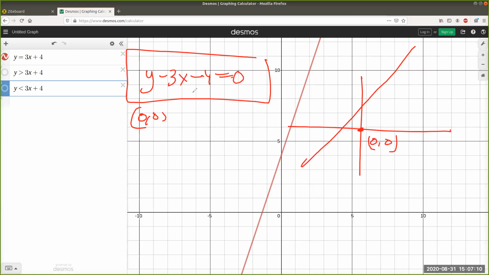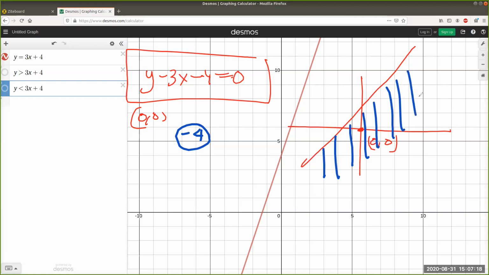Minus 4. That means any point on this side of the line will give you a negative value, and any point on this side will give you a positive value.